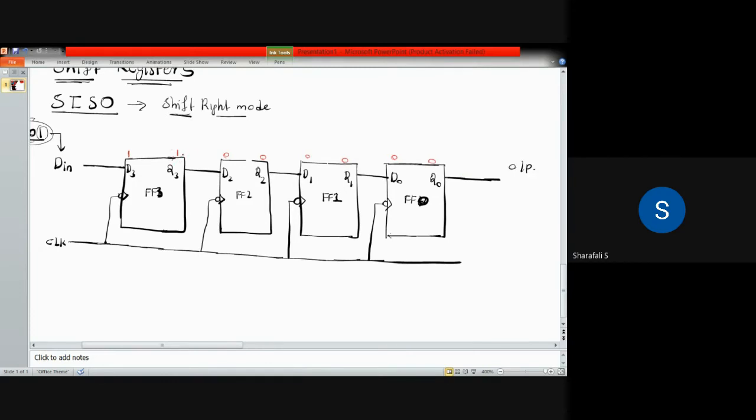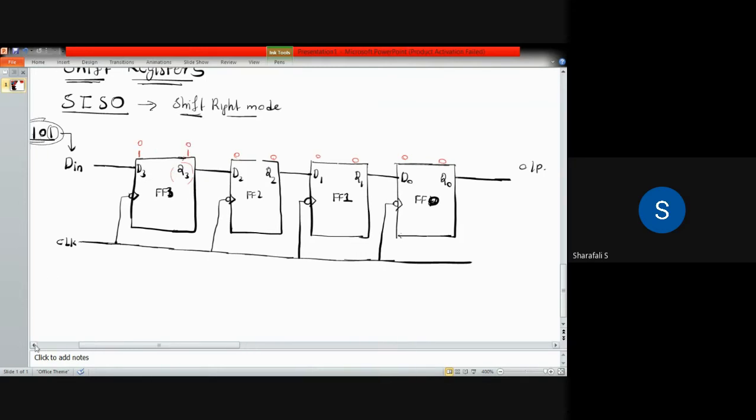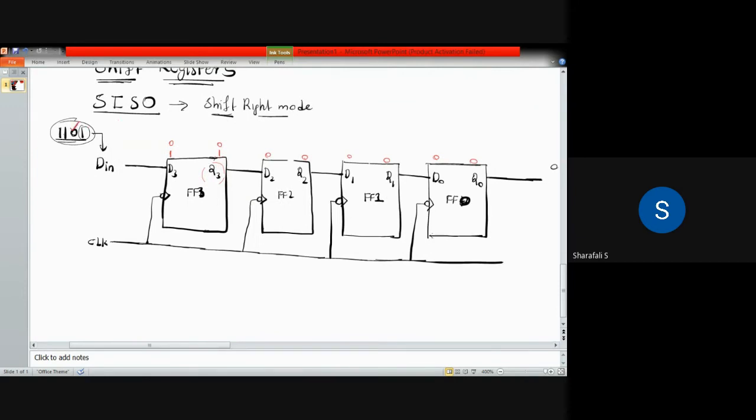Now when the next clock pulse arrives, this one shifts to this particular flip-flop because you have connected this Q3. In that time, this will become 0 because the input is now the next data, that is 0.